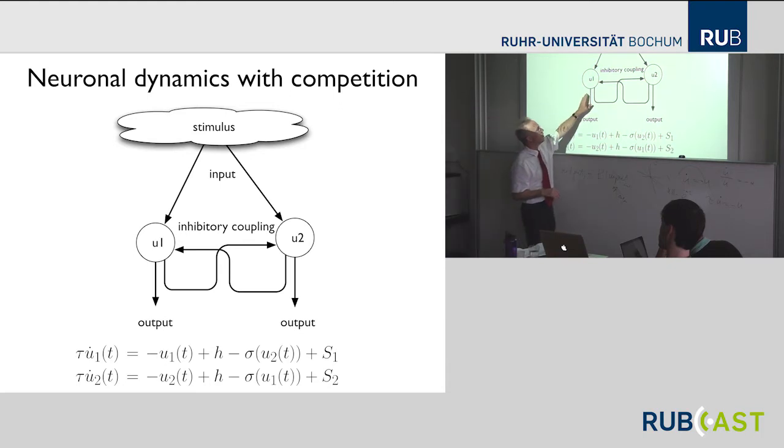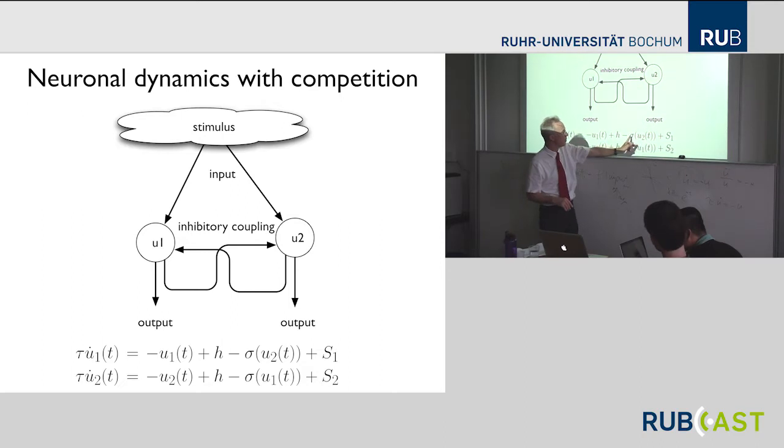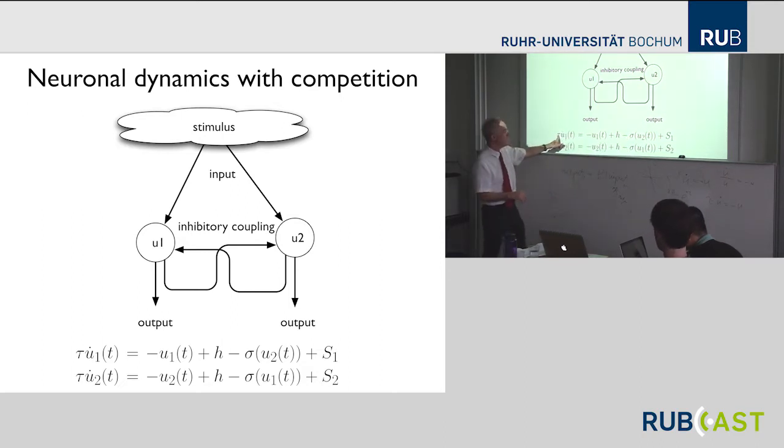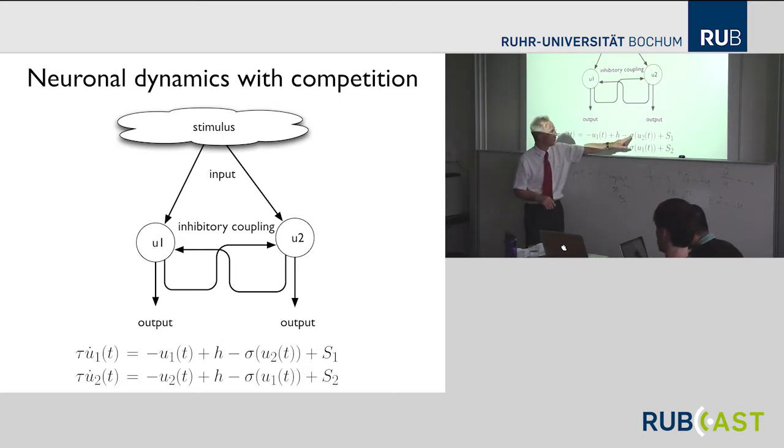But now we have a chance of doing inhibitory coupling on the two neurons. So this neuron inhibits that, and that neuron inhibits this, and this shows up here in this equation. I have now an index to these neurons, neuron number 1, number 2, same equation. And now neuron number 2 shows up in the equation of neuron number 1 with the sigmoid, sorry, the wrong letter here, with a minus now.